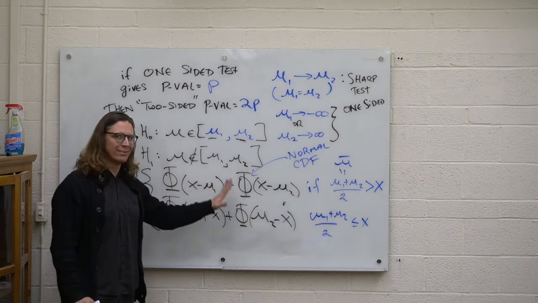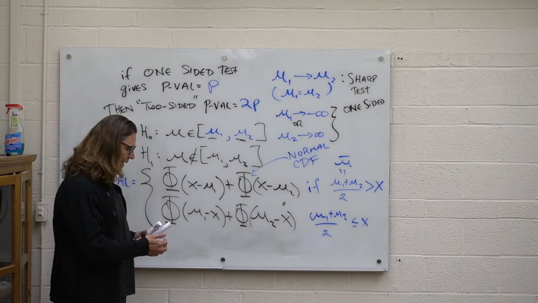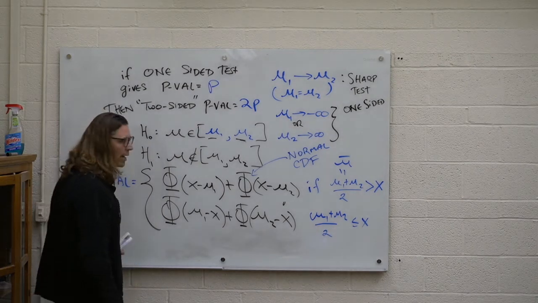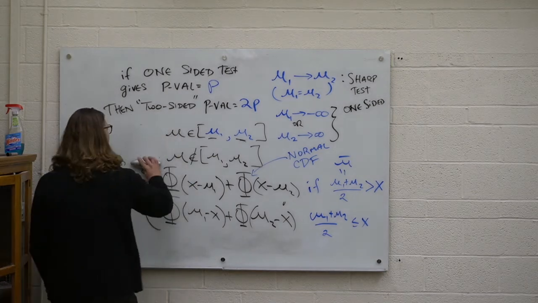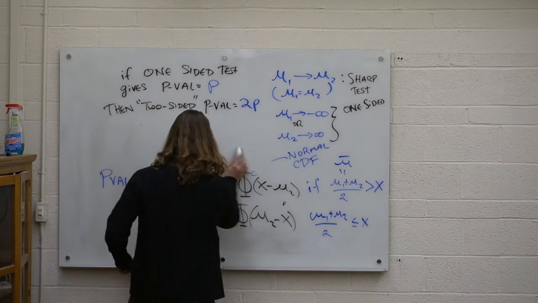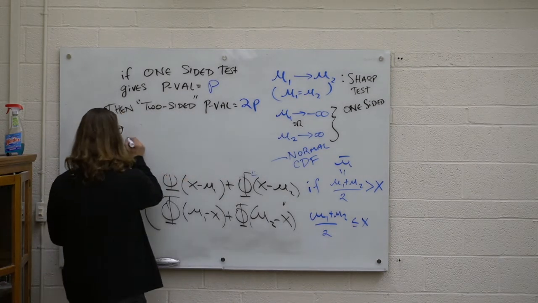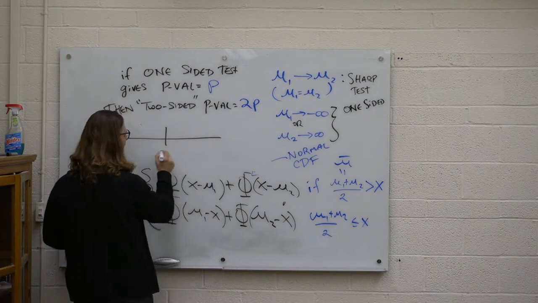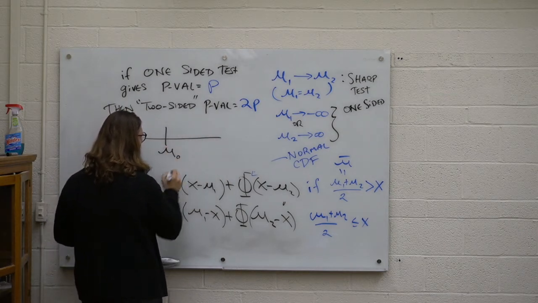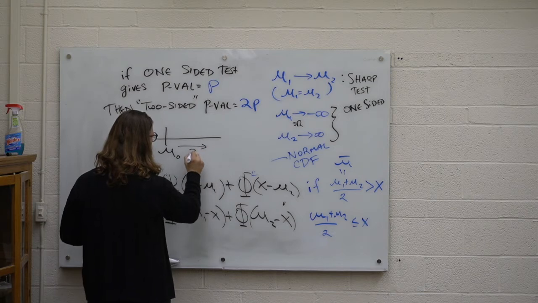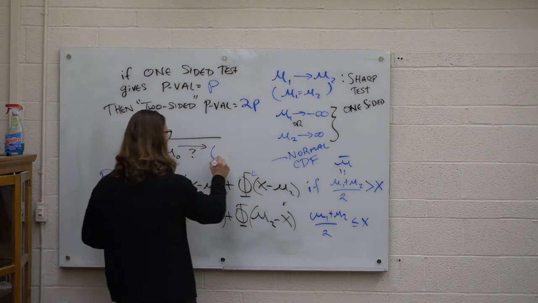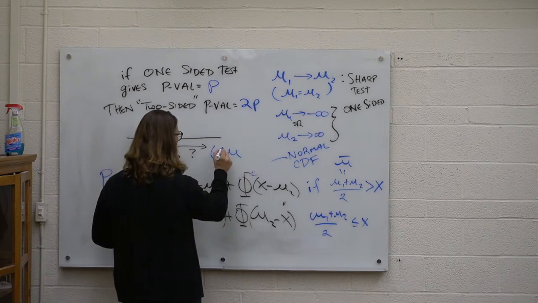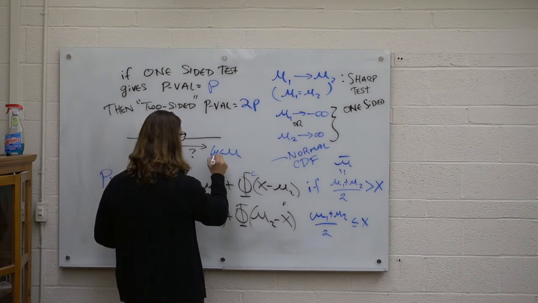And so this is the only test that's left. I want to point out that for a hypothesis that's one-sided, i.e. let's say we're testing something like this, is mu naught over here. So is mu greater than mu naught?